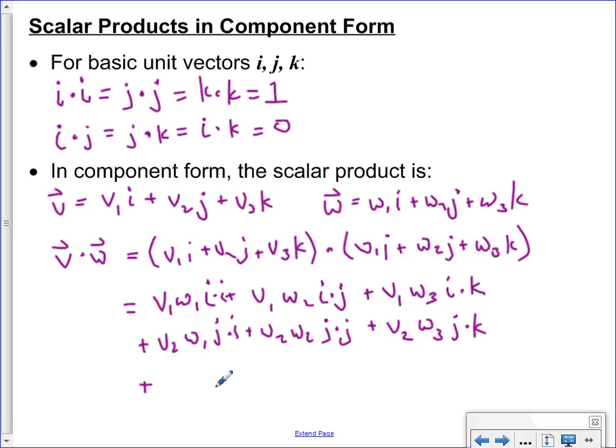And then you would also get v3 w1 k dot i, plus v3 w2 k dot j, plus v3 w3 k dot k. And this is why the ijk thing works.